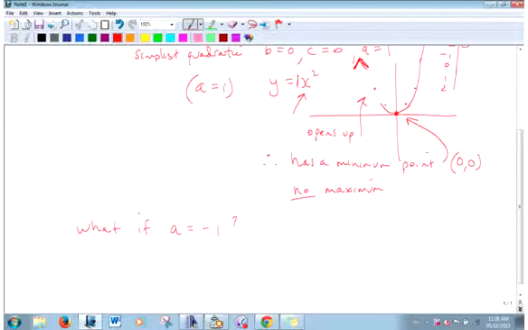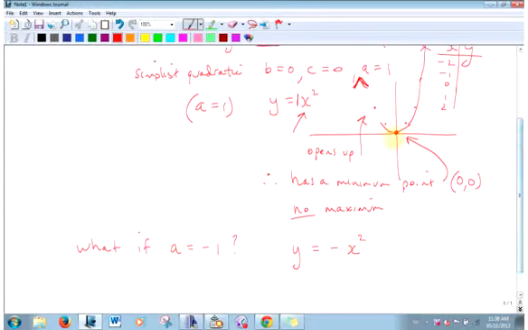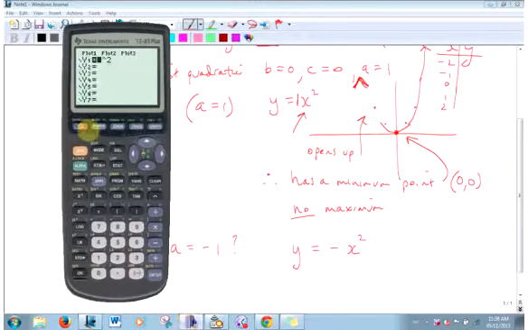I put words yesterday on the sheet like conjecture, guess, maybe what's going to happen if I make that negative. Do we remember from yesterday's sheet what happened? What did that do? All I did was just put a minus in front of this graph. What happened? Some of us know.